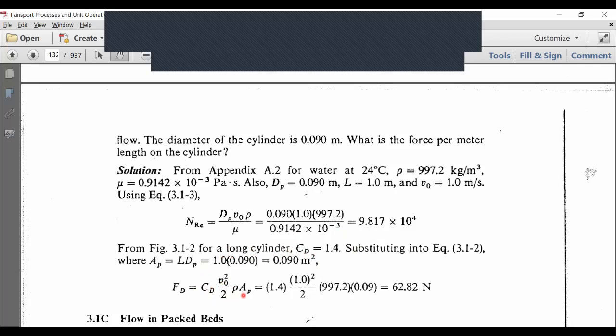And the AP, since it's a cylinder, it's L times dP. The length of the cylinder is per meter, so 1 meter times the dP, 0.09. We put it all here, and I found that the FD is 62.82 Newton.